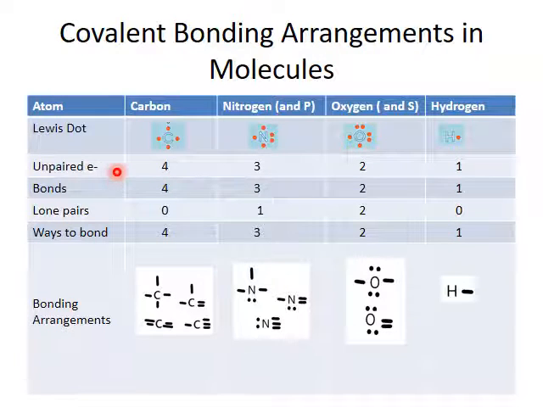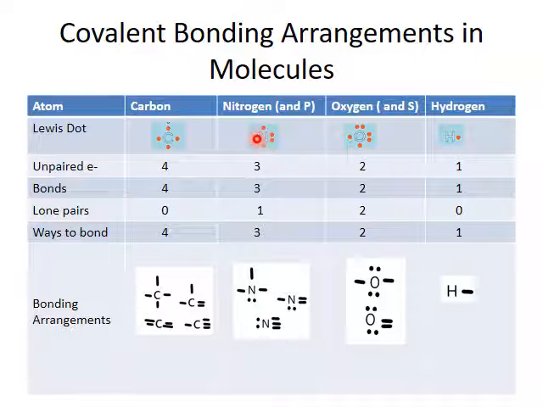So carbon has 4 unpaired electrons. Each orange one is unpaired. Nitrogen has 3 unpaired and 1 pair, and this pair is called a lone pair. So carbon has 4 unpaired and no lone pairs.